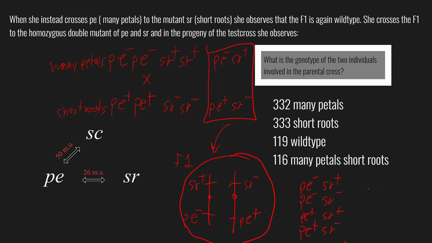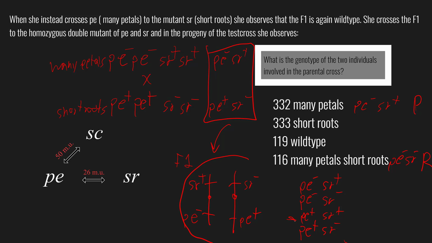Okay, so for PE minus, we're going to have an individual with many petals and a wild type for the small roots. So that is this one, PE minus SR plus, which is parental. For PE minus SR minus, we're going to have an individual with many petals and small roots, which is this one. So that is going to be PE minus SR minus, which is recombinant.